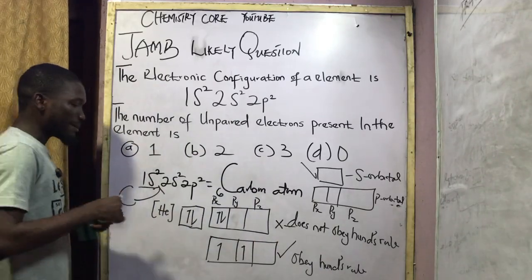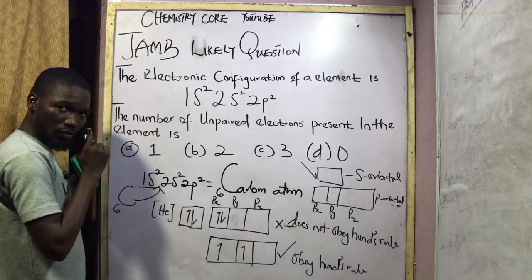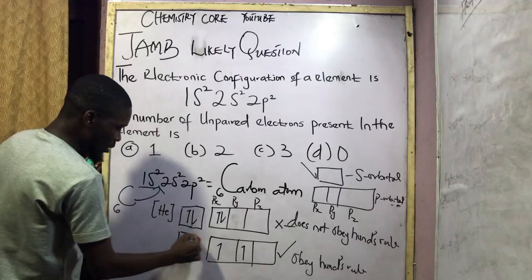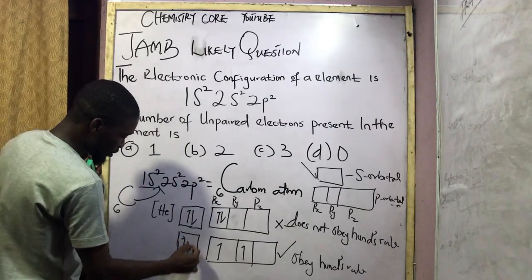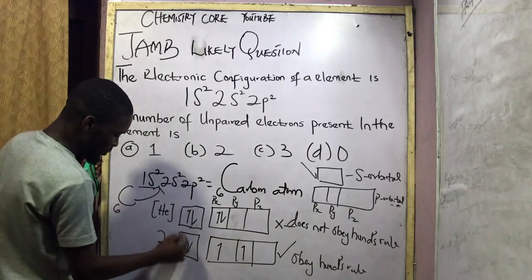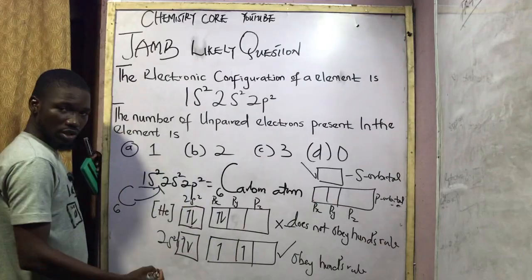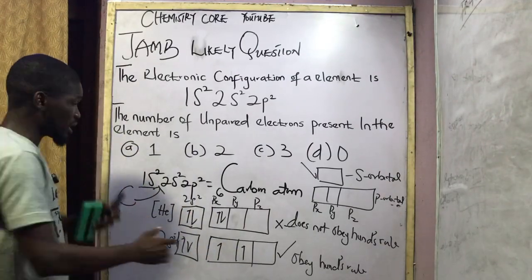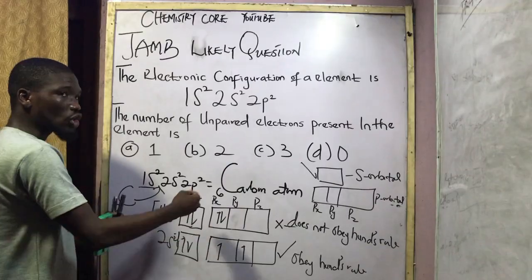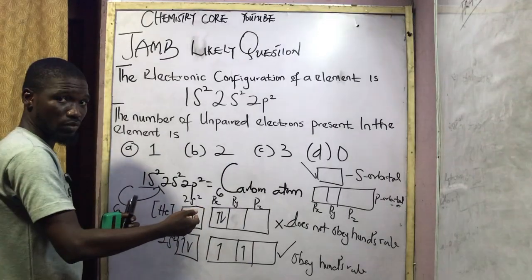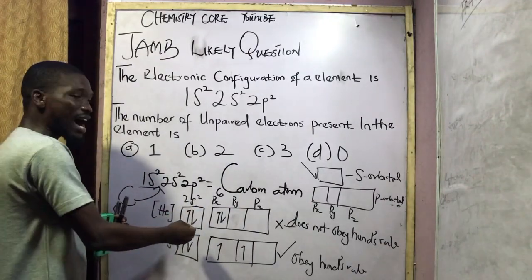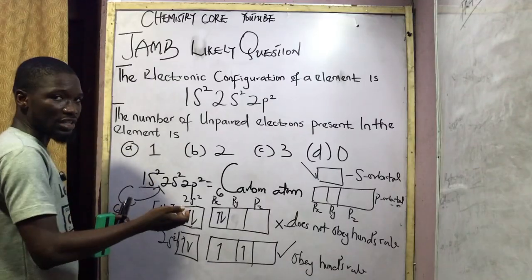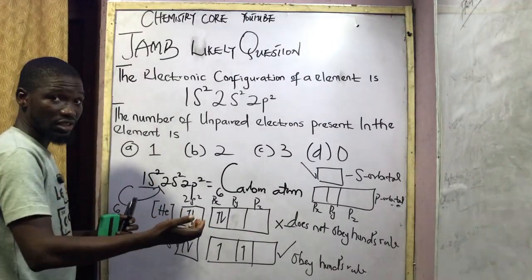So guys, looking at what you have on the board here, this still pictures our 2s2. This is a picture of our what? 2s2. It's still the same thing. So guys, how many unpaired electrons do we have here? What you have on the board here is called the ground state. I repeat, what you have here is called the ground state, unexcited.